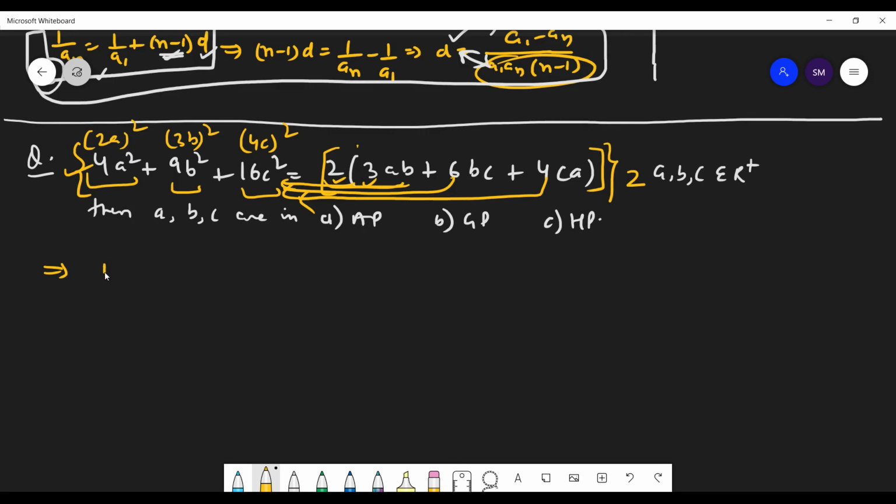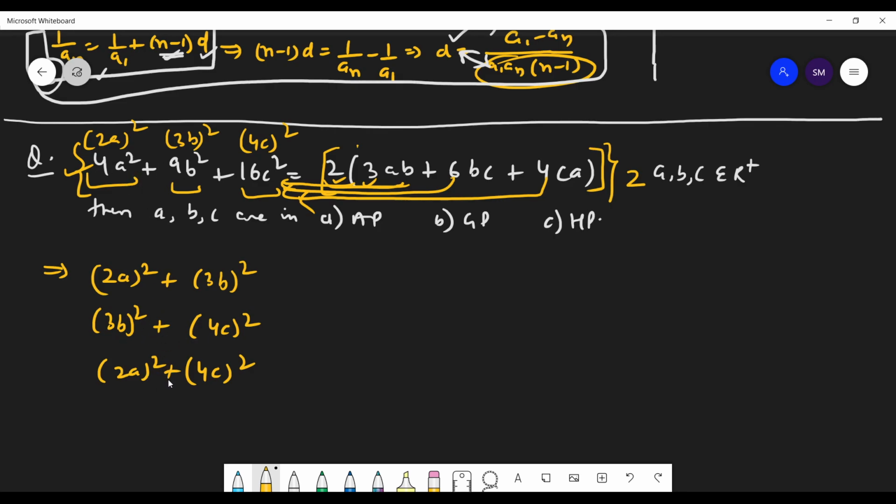So now you are getting a perfect thing. 4a square, that is 2a square. So you have 3 things, so write them in the combination. Automatically you will get the answer, because these questions are designed in such a way. So that's 4c whole square. You have 3 things and taking combinations of 2, so you will get only 3 possibilities, right?